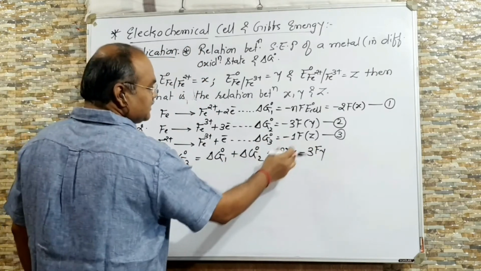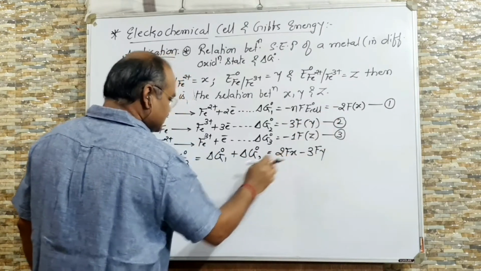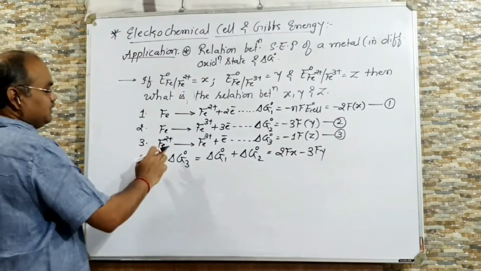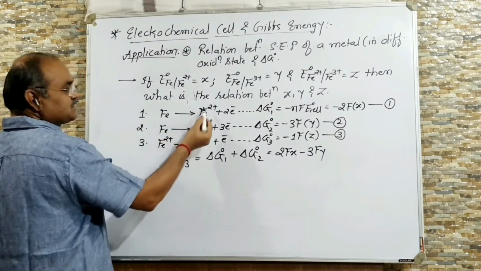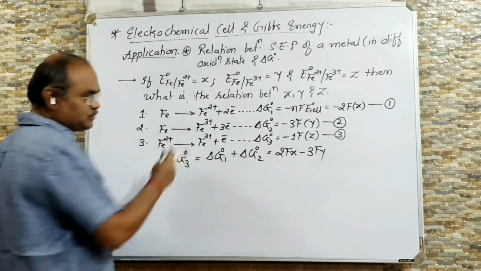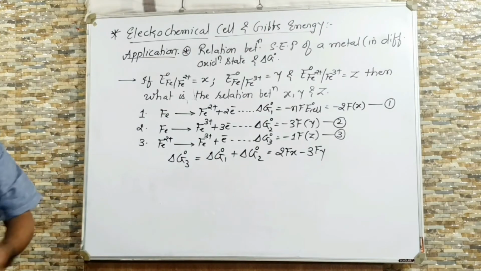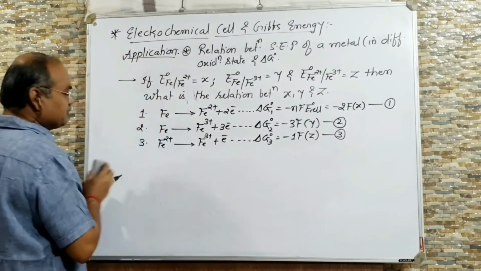Just pay attention. You might be thinking that, sir, you have written minus here, and here you are writing plus. The reason is, I want Fe plus 2 to Fe plus 3, and this is Fe to Fe plus 2, this is also Fe to Fe plus 3. So first of all, I will reverse equation 1 and then write this equation so that you can understand properly.